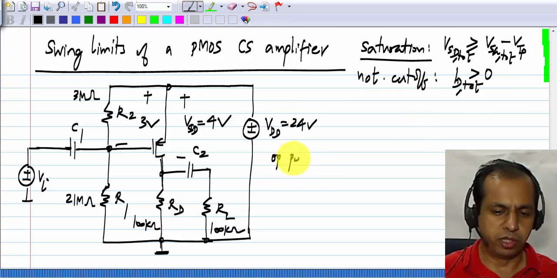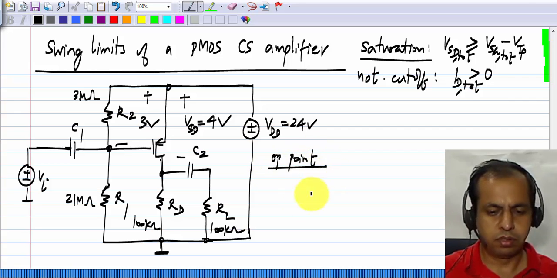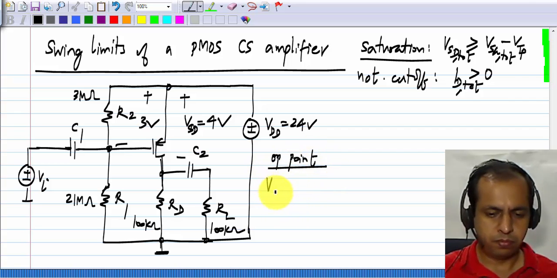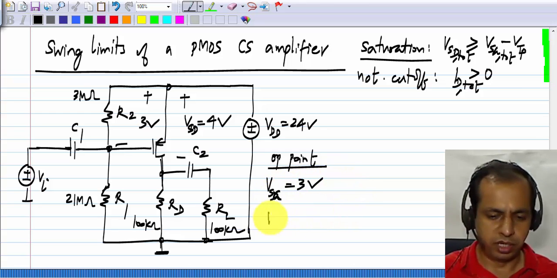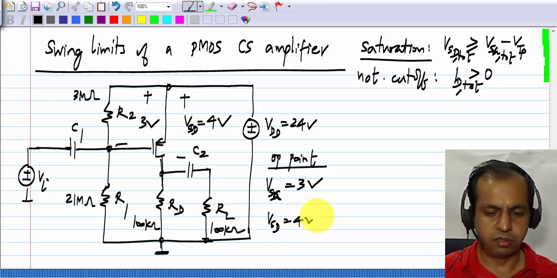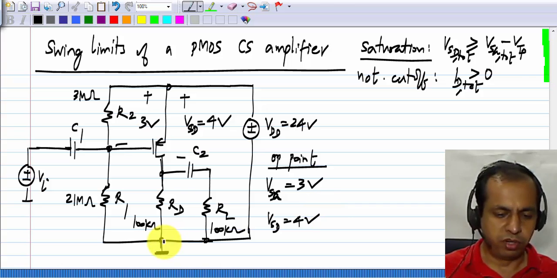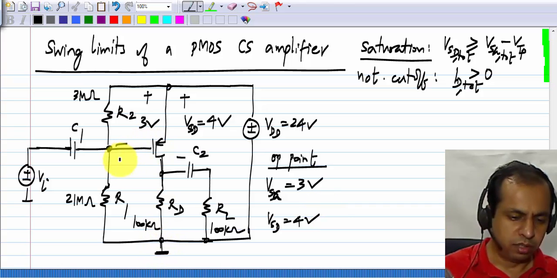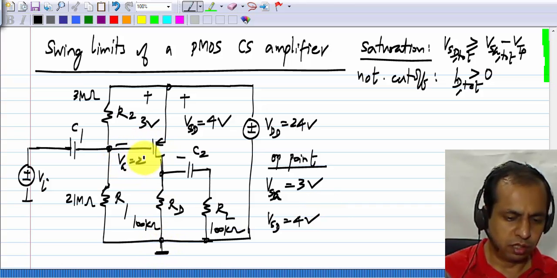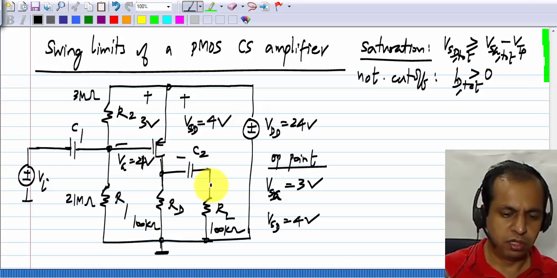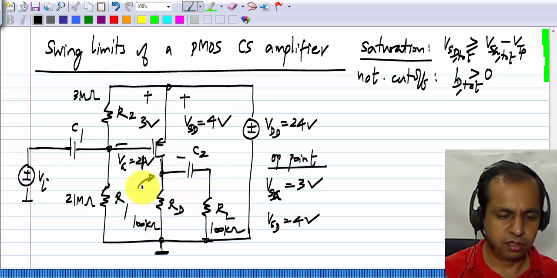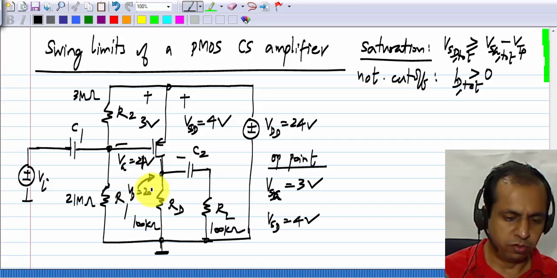At the operating point, we have VSG equals 3 volts and VSD equals 4 volts. Or if you refer the voltages to ground, the gate voltage is at 21 volts and the drain voltage is at 20 volts.